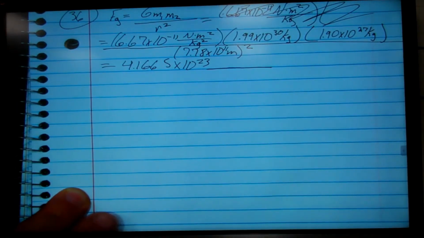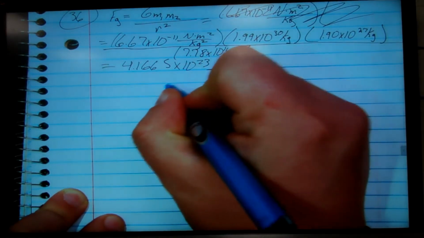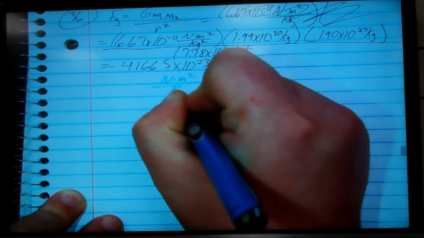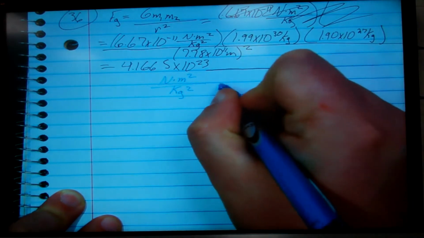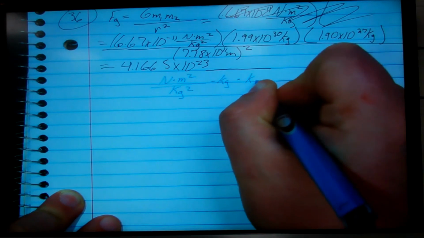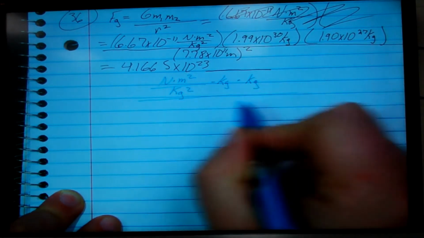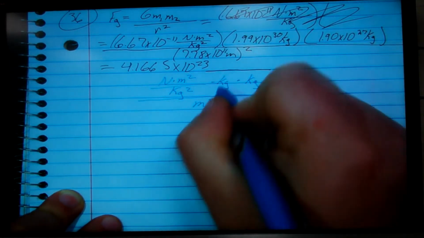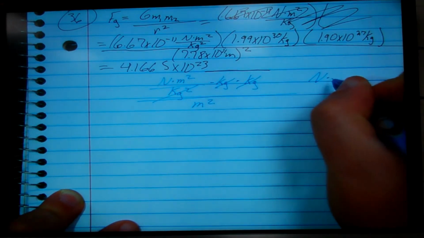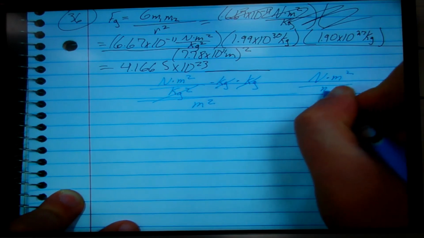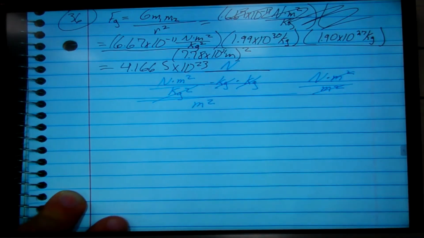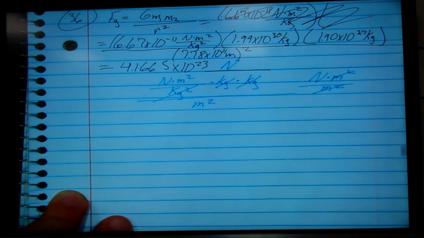It's meters per second squared, times kilograms, all over meters squared. Kilograms cancel. That leaves me with newtons times meter squared all over meter squared, which divides out meter squared, leaves me with newtons, which is force. Oh, force of gravity.